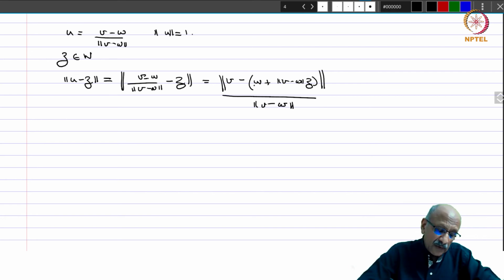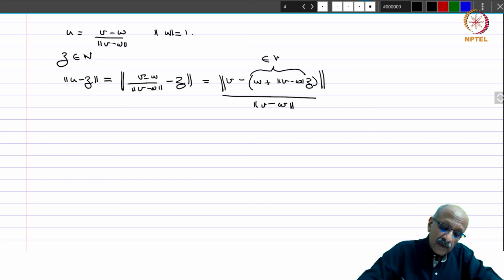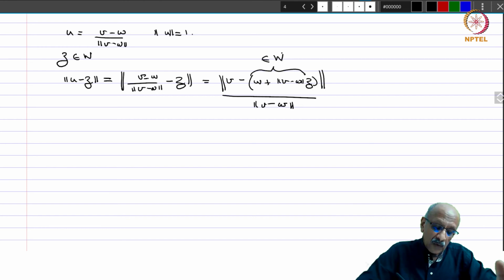Now, w is in W, z is also in W, W is a linear space, so the whole thing belongs to W. So, v minus any element in W has norm at least delta, we know that, and norm of v minus w we just saw is less than delta by 1 minus epsilon.